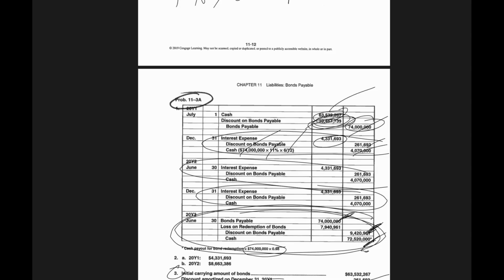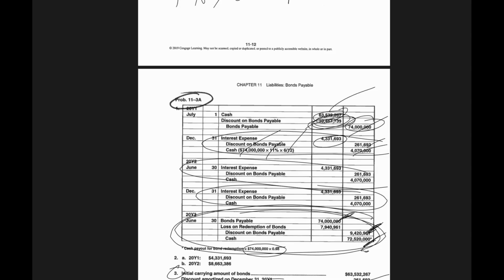Take that away from your 10,467,733. And that gives us our 9,420,000.